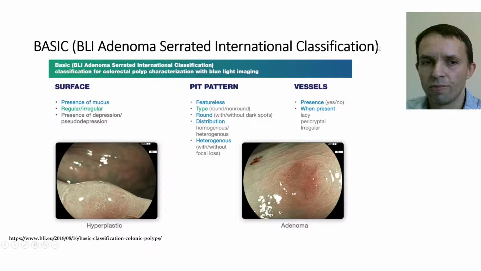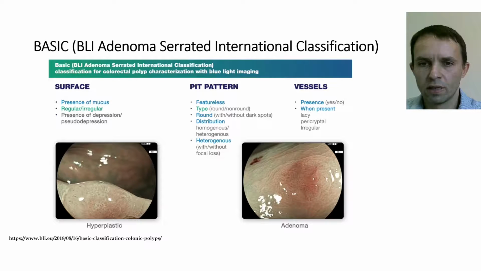And like I mentioned before, the criteria are very similar, namely surface, pit pattern, and vessels. And recent studies show that both BLI and NBI have very high diagnostic efficacy, and the sensitivity and the specificity of BLI and NBI are very similar.